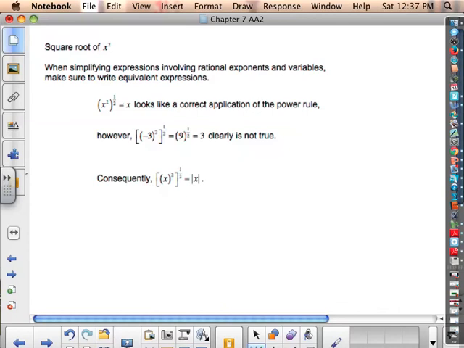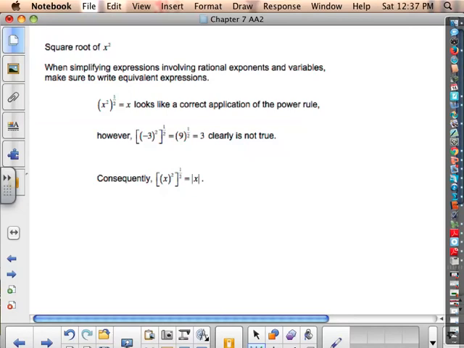So now we're going to look at the square root of x squared. When we look at this, there's one little thing we have to add. When simplifying expressions involving rational exponents and variables, make sure to write equivalent expressions. So if I have x squared to the 1/2 equals x, that looks like a correct application of the power rule.